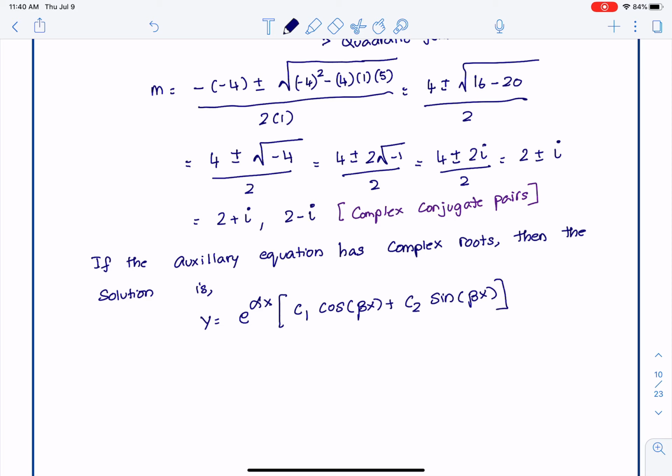Now, even though we have two roots, they are complex conjugate pairs. So if we have alpha and beta, it would be the same for its pair also.